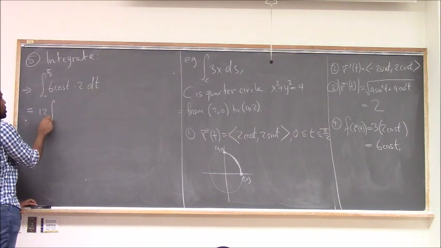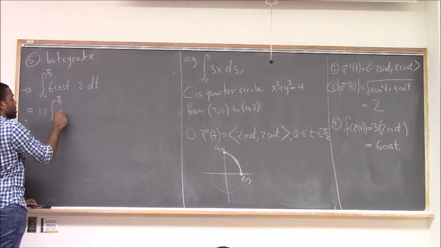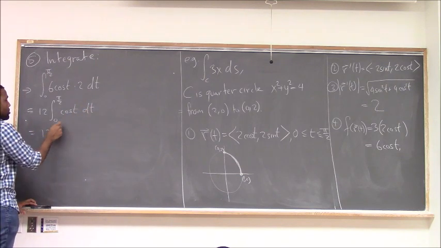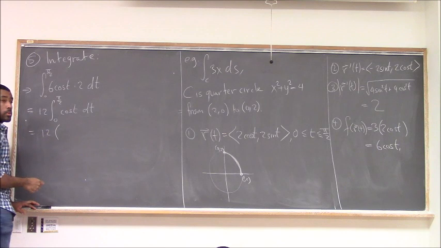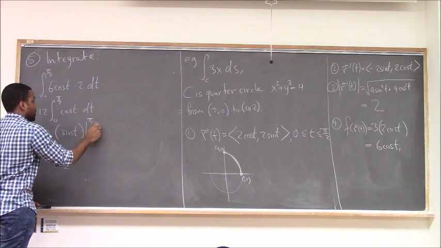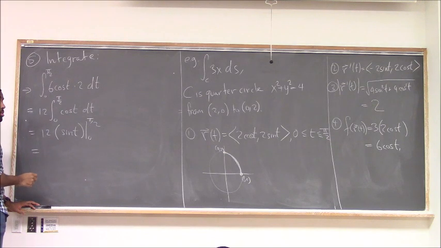So here it's just 12 times the integral from 0 to pi over 2 of cosine t. This is 12 times, what's the integral of cosine? What's sine of pi over 2? What's sine of 0?